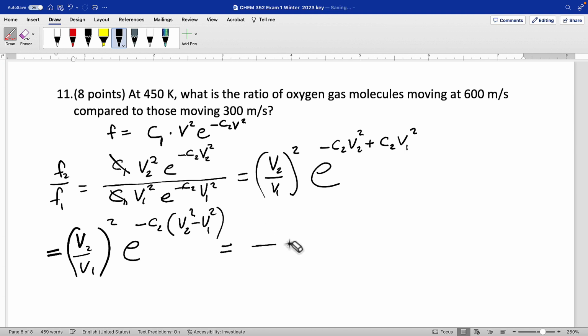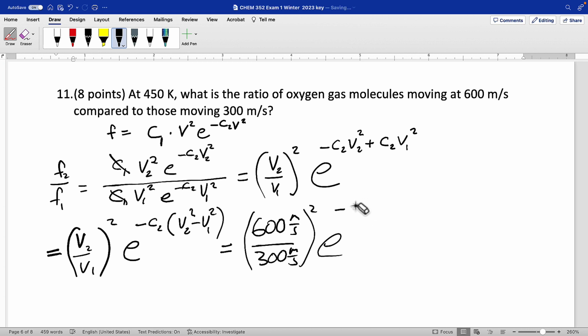So we've got 600 meters per second over 300 meters per second. That whole quantity is squared, so it's just going to be 2 squared or 4. And then here we have to go and see what C2 is. So C2 was the bit of the Maxwell distribution that we just called a constant, right?